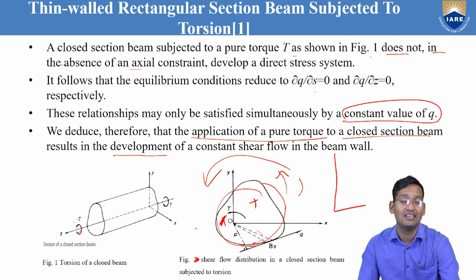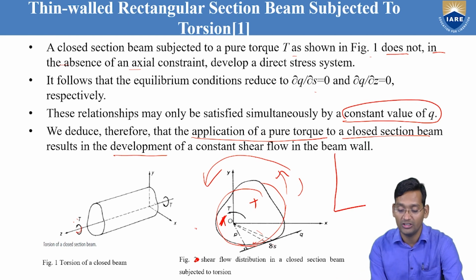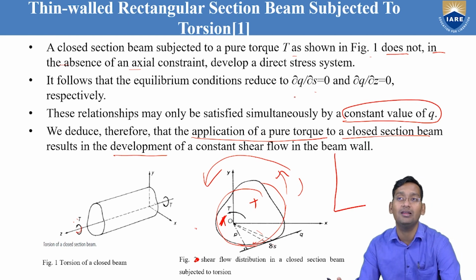Okay, the next is that the relationships may only be satisfied simultaneously by a constant value q. So this will be satisfied only if we consider that the shear stress q is constant.